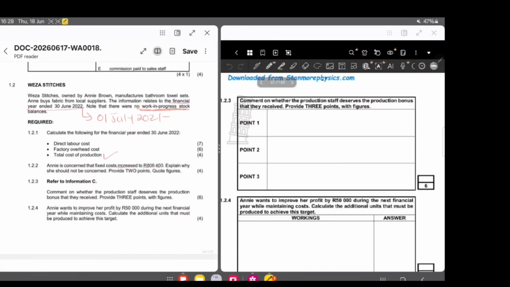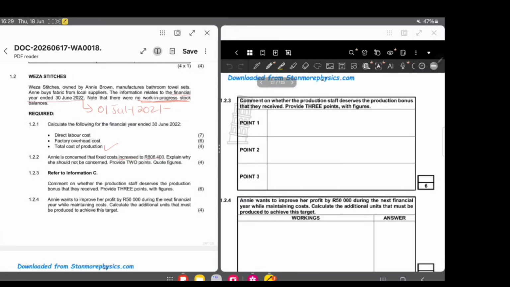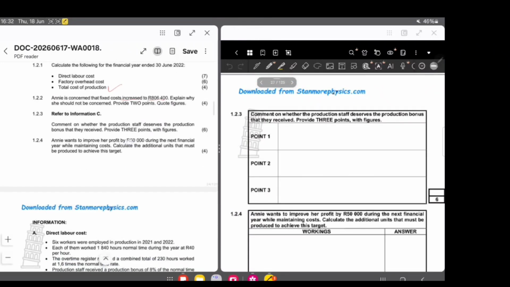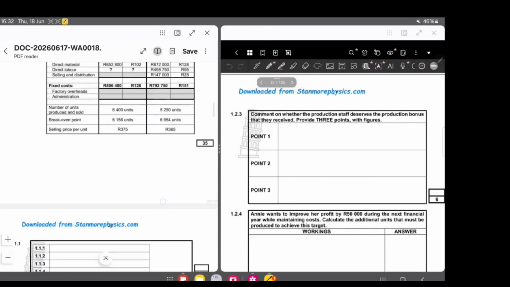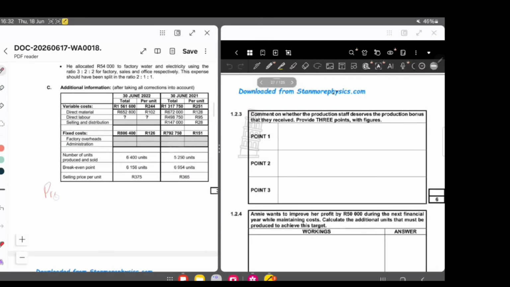Annie wants to improve her profit by 50,000 during the next financial year while maintaining costs. So since she wants to increase her profit by 50,000 with cost remaining the same, how can she do this? For her to make a profit, remember her profit is made by saying selling price minus cost, right?